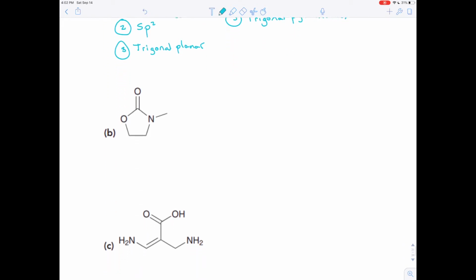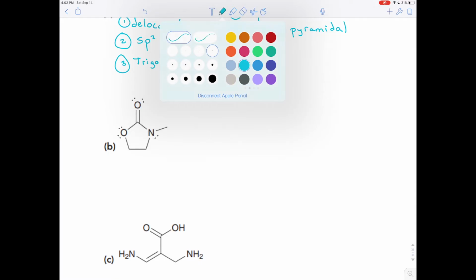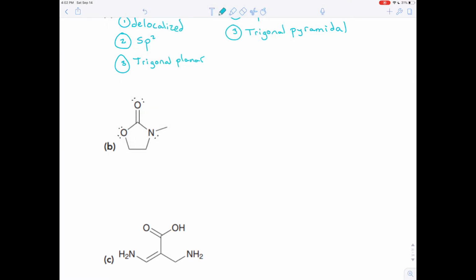All right, let's go through the same pattern for B. So we're looking for three things. Now first, let's draw the lone pairs in. This oxygen has 2, this oxygen has 2, this nitrogen has 1. That gives all those atoms 8 valence electrons. Okay, I'll do these in different colors. This nitrogen here, first, let's go through that one.